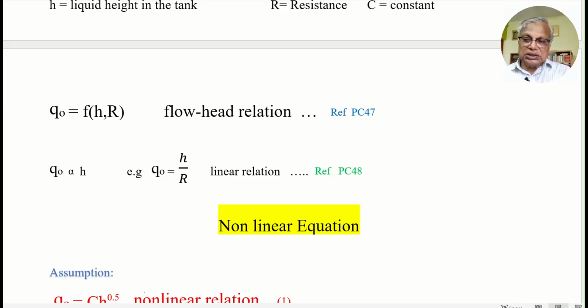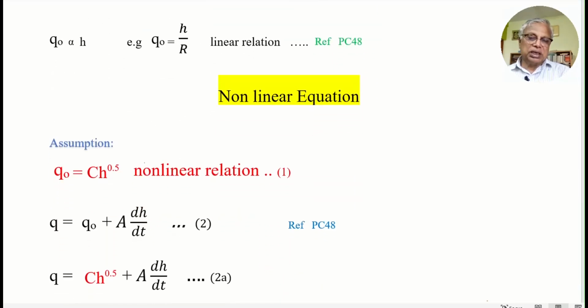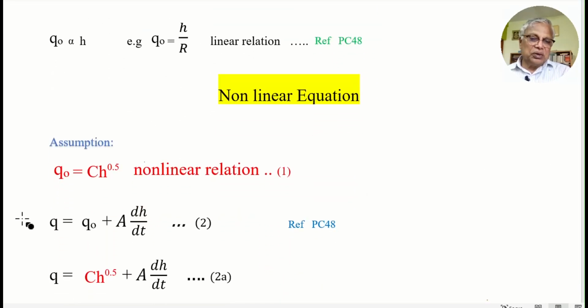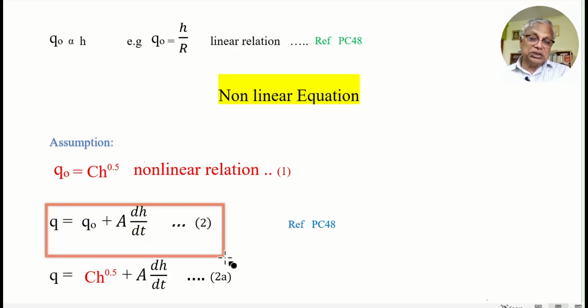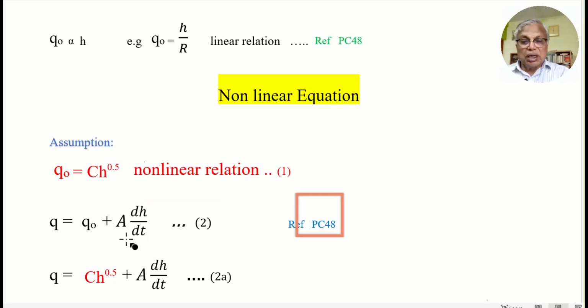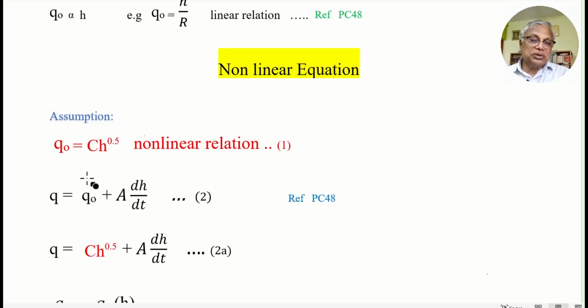When you have this nonlinear relationship and try to proceed as before, you have the unsteady state mass balance equation for the tank explained here. When we substitute this nonlinear relation into Q naught, proceeding afterwards will be difficult because this nonlinear term cannot be made into a simple Laplace transform.